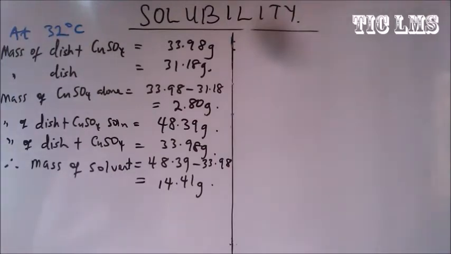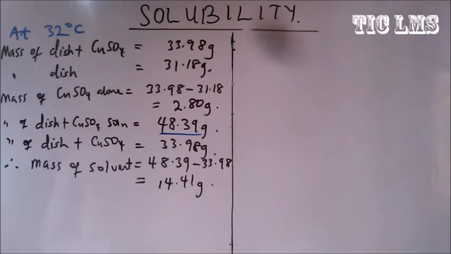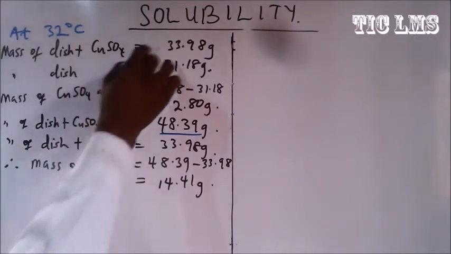Okay, so in the question we're told that the evaporating dish weighed 31.18 gram, but when it was filled with CuSO4 solution, it weighed this, that is 48.39. Then after evaporation to dryness, the evaporating dish and the residue was 33.98, which is this.